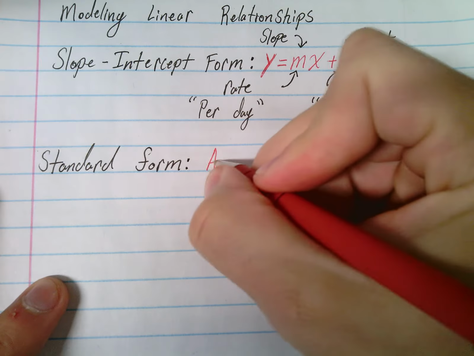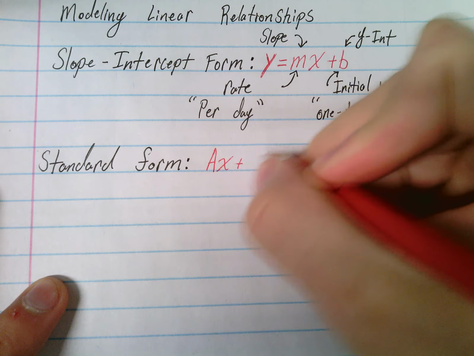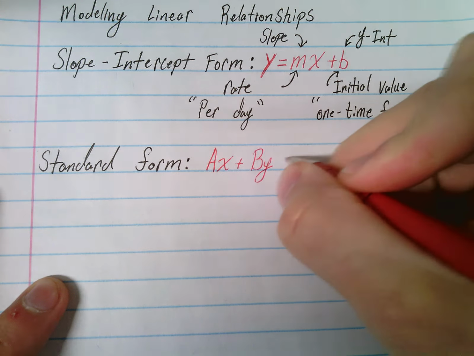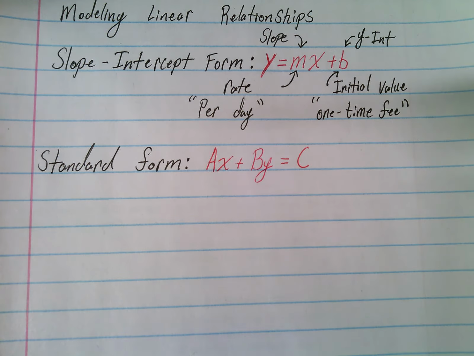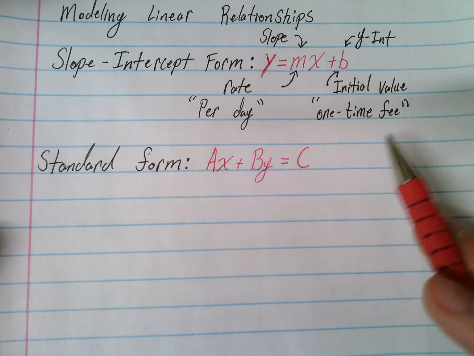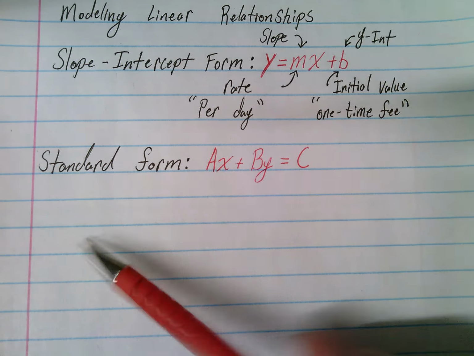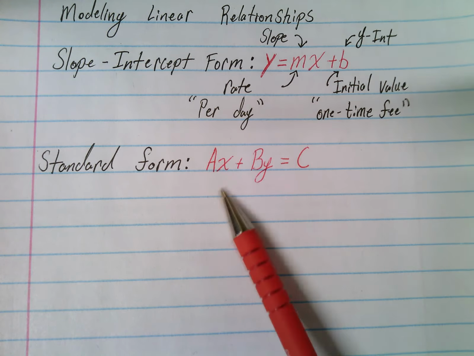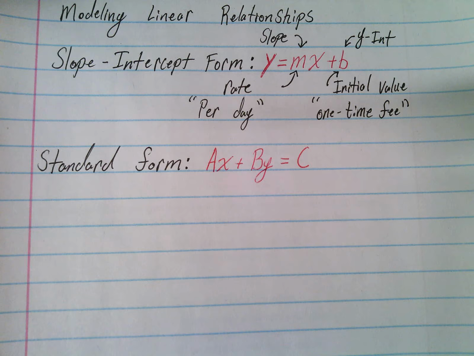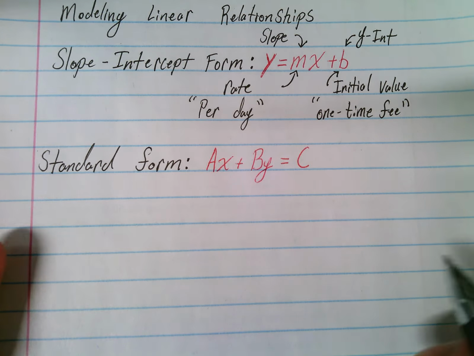Technically, to be in standard form, they would all have to be whole numbers, right? But in this case, when we're talking about modeling linear relationships, we're just looking for the variables to be on one side. So we're not so worried about the whole numbers in this case.